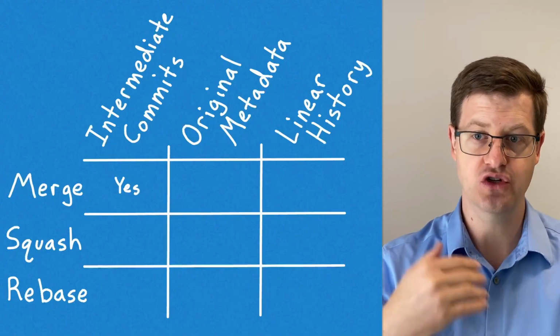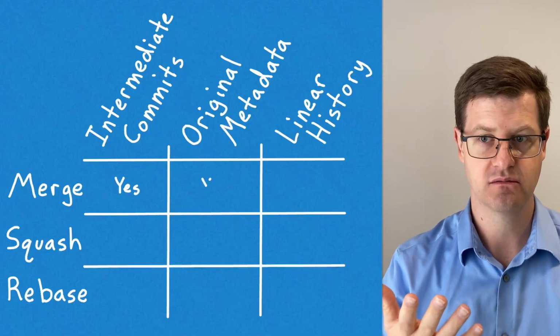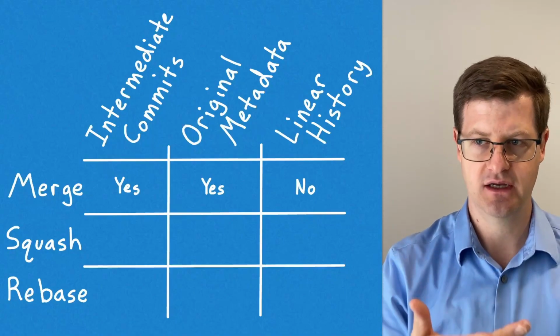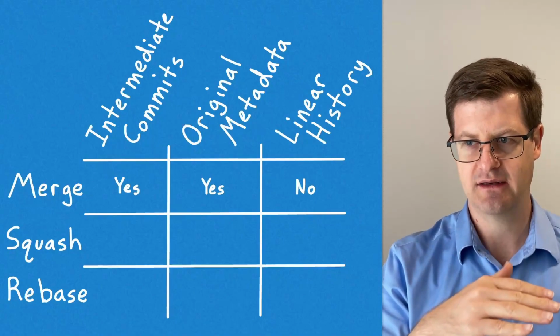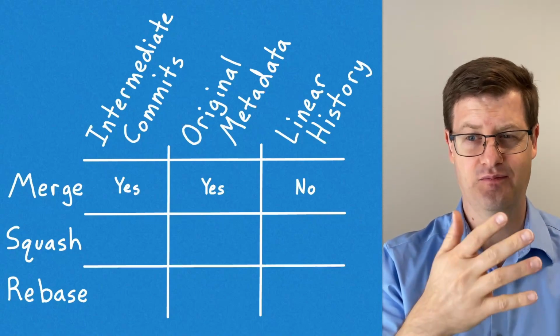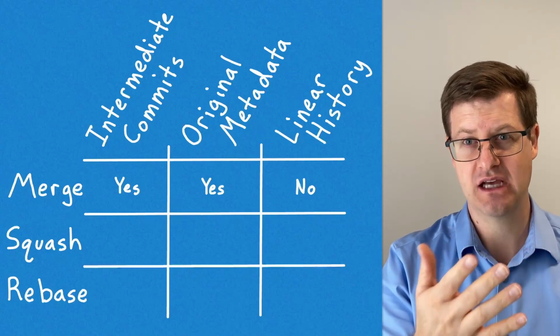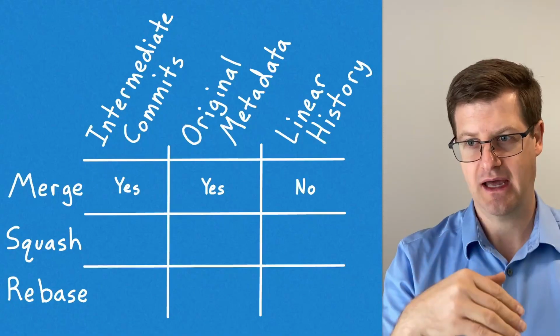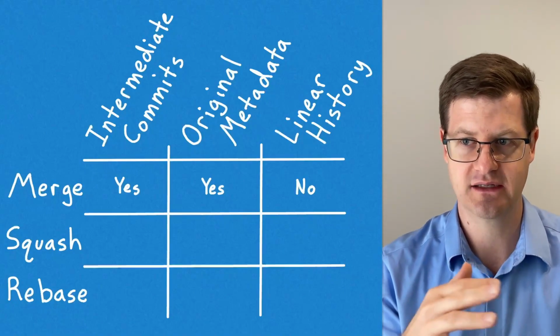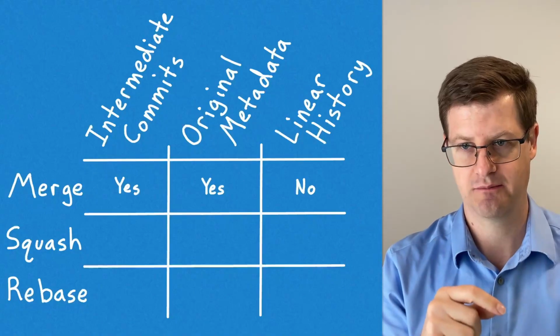For merge, we do preserve all our intermediate commits, we preserve all of our metadata, but we end up with a non-linear history, which when you look at it in the GitHub GUI, it can look confusing. It doesn't tell the whole story. You have to look at things locally and dig into what the commits actually look like to see the parentage and be able to see the tree.